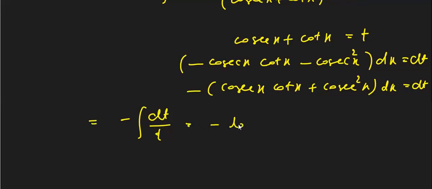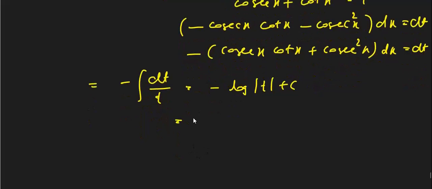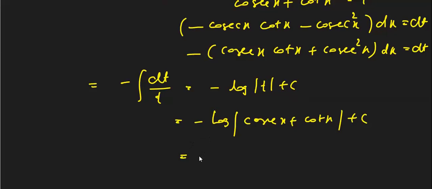That is minus log of mod t plus c. That is actually minus log of mod of t. What is t? Cosecant x plus cot x plus c. This is also equal to log of mod of cosecant x minus cot x plus c.